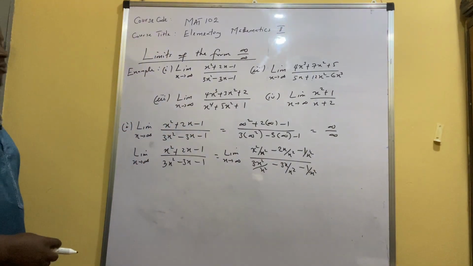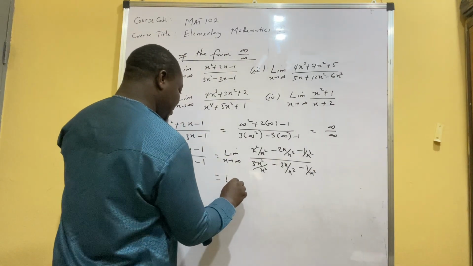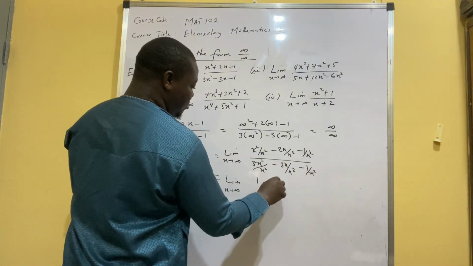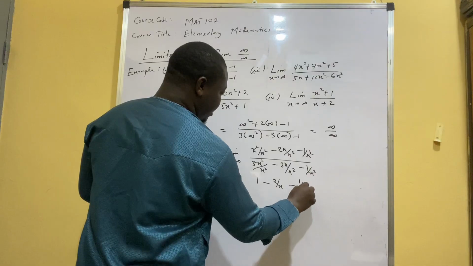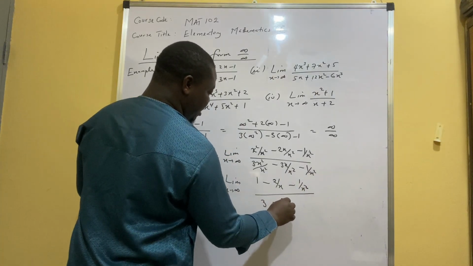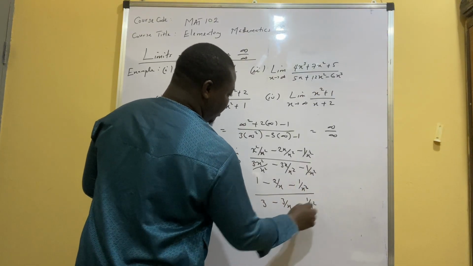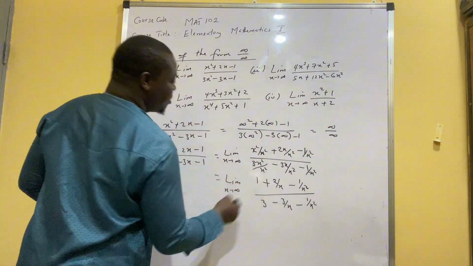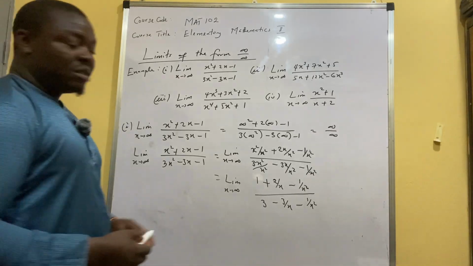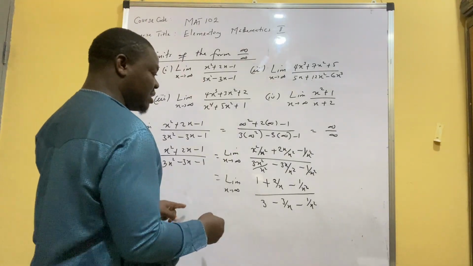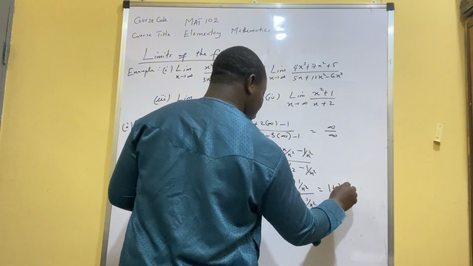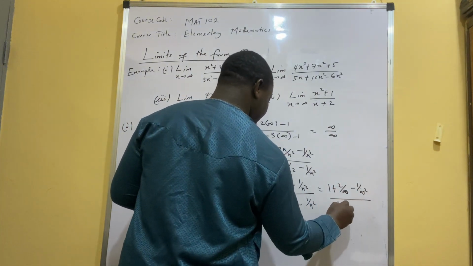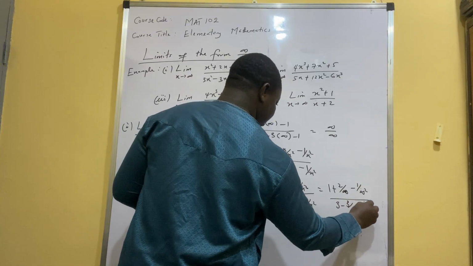By the time we do this, it can be simplified to 1 plus 2 over x minus 1 over x squared, divided by 3 minus 3 over x minus 1 over x squared. Now we can substitute infinity, so that we have 1 plus 2 over infinity minus 1 over infinity squared, divided by 3 minus 3 over infinity minus 1 over infinity squared.